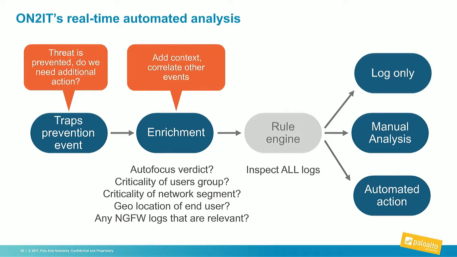You should have a system to which you run all those enriched events, and based on logic that you've learned by looking at them, if you summarize, there are three things. There's nothing to worry about. Log only, that's the majority of stuff, and you don't want a manual person looking at that.